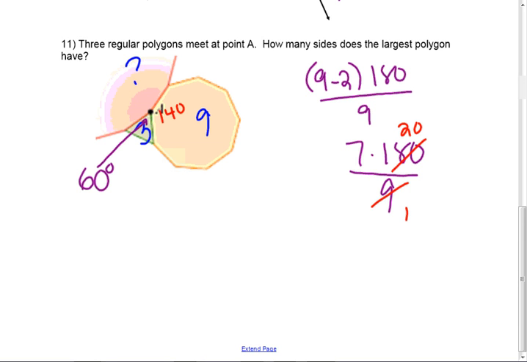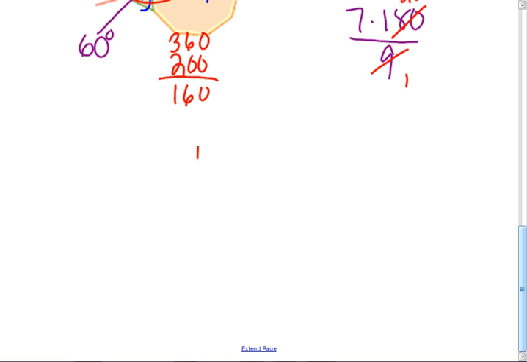So these two angles together give me 200, right? So what's this angle that's left? You take 360 and subtract 200, and you get what? 160. Now, I know the sum of the angles of that polygon 2 ways. It's either going to be 160 times the number of sides, that gives me 1 way, or it's this formula, n minus 2 times 180.